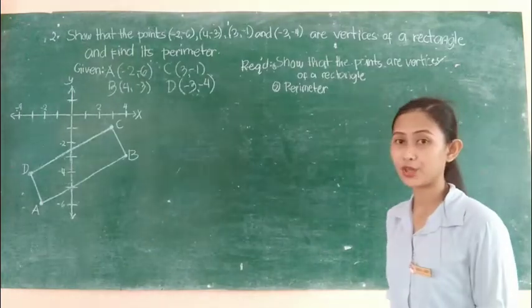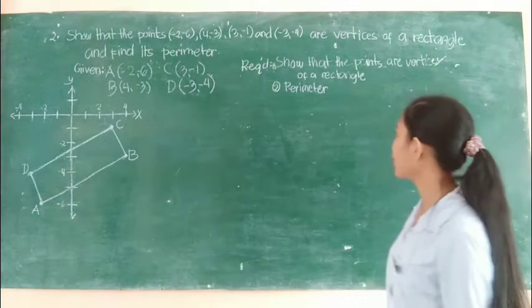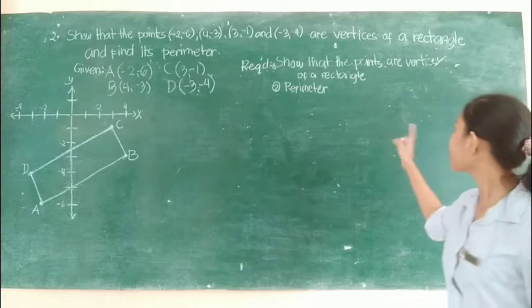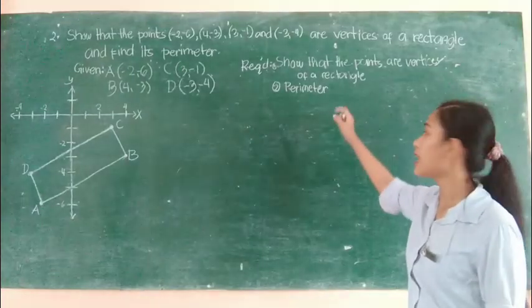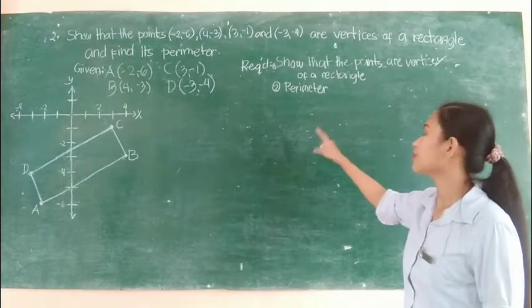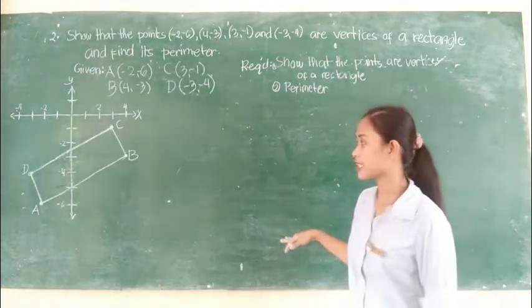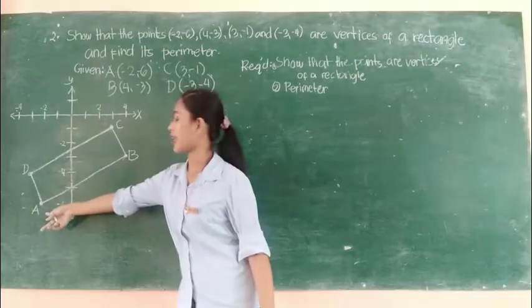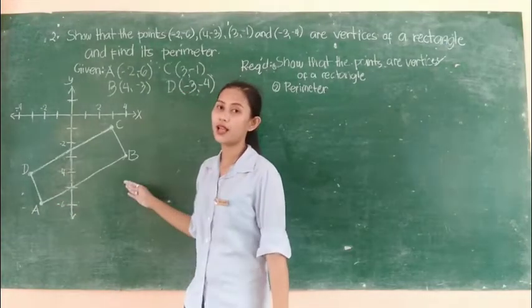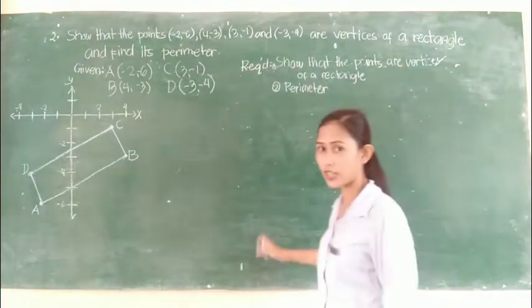The question number 2 requires us to show that the points are vertices of a rectangle and find the perimeter. First thing we do is to find the distance from point A to point B. Now we will use the distance formula.